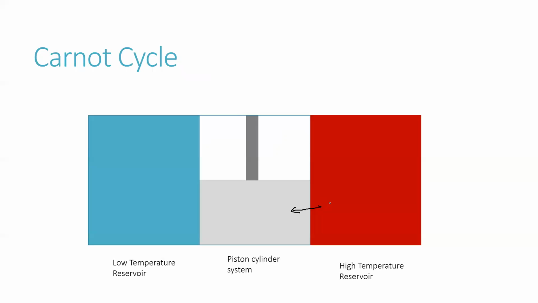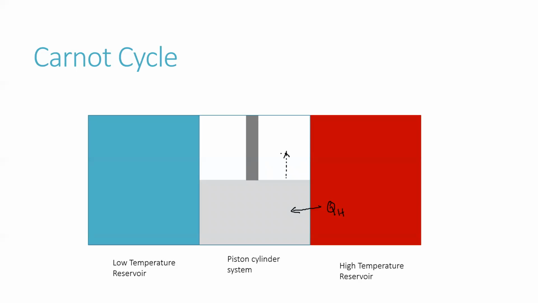So over here, it is going to get heat. The heat that it absorbs from the high temperature reservoir, we are going to call QH. Then, as it absorbs this heat, it is definitely going to do some work in the isothermal process.